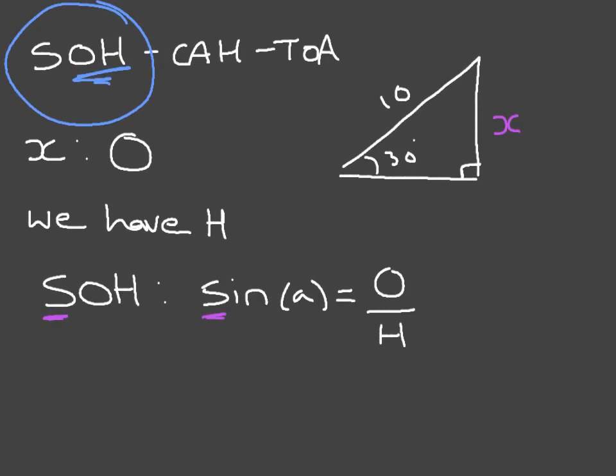So let's see. In this right-angled triangle, remember we said that x was O and H was 10. So we can actually write sine of the angle, which in this case is 30, is equal to opposite, which is x, over hypotenuse, which is 10.